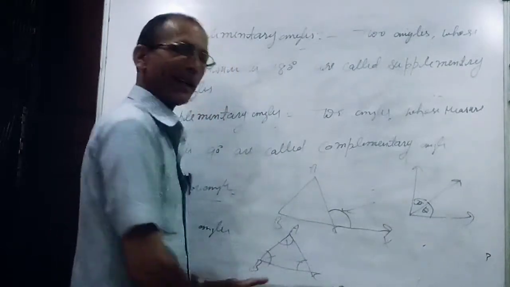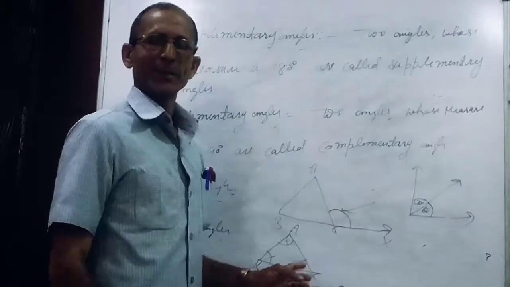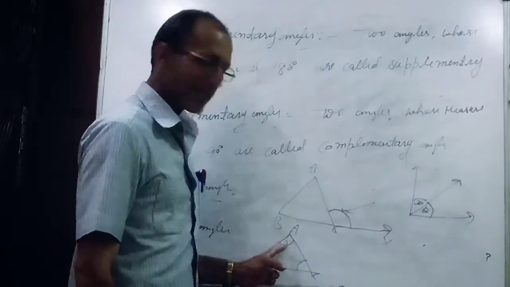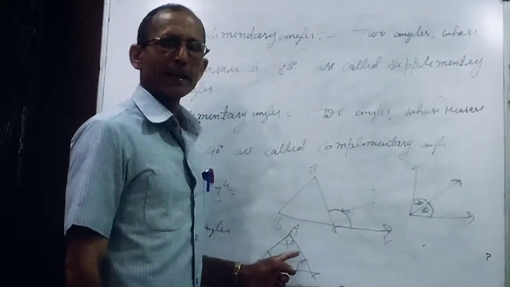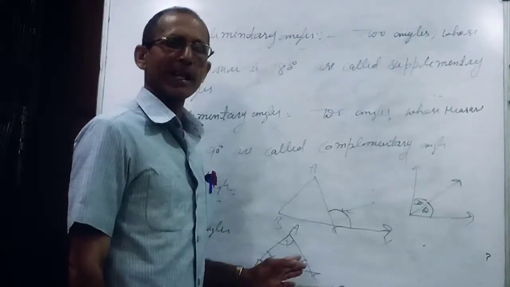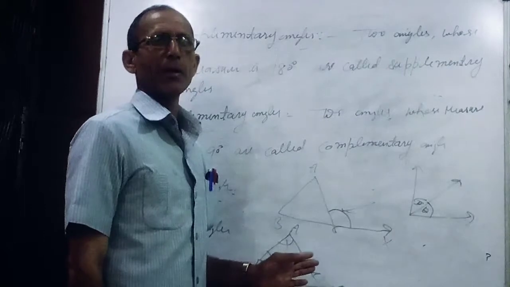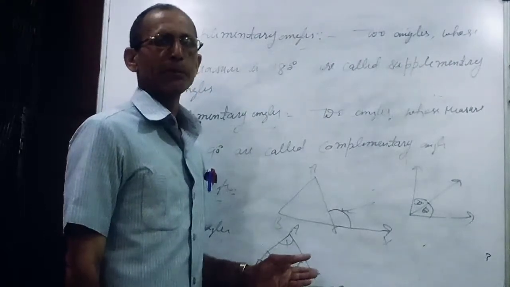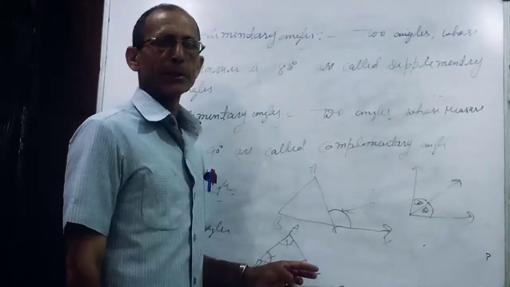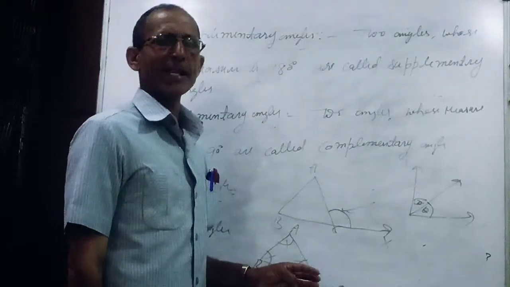These angles are lying inside the triangle, not outside. So these are called interior angles. The angles which are lying inside are called interior angles. And we will discuss the same thing with lines also. We will prove the theorems related to interior or exterior angles.